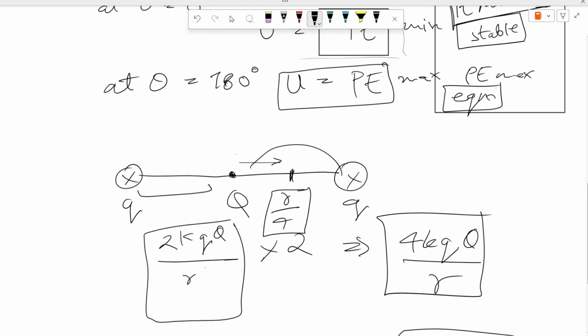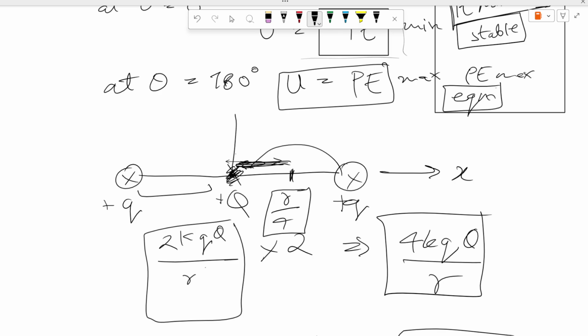So it reverts back to its original position. All of these are like charges, but these two are fixed. It is in stable equilibrium at this position, because the potential energy is the minimum it can be. So it wants to revert back to this position whenever it is displaced along the x-axis.